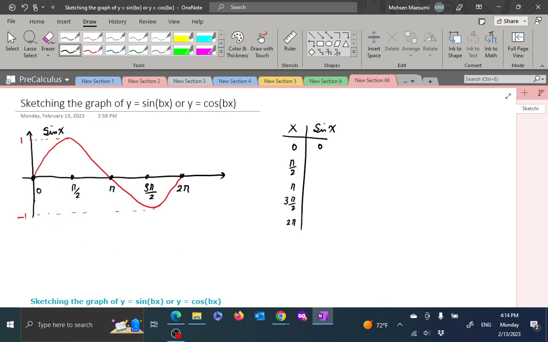Sine of these angles are 0, 1, 0, minus 1, and 0 again.